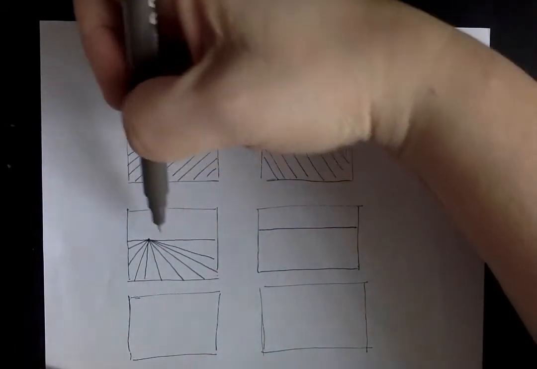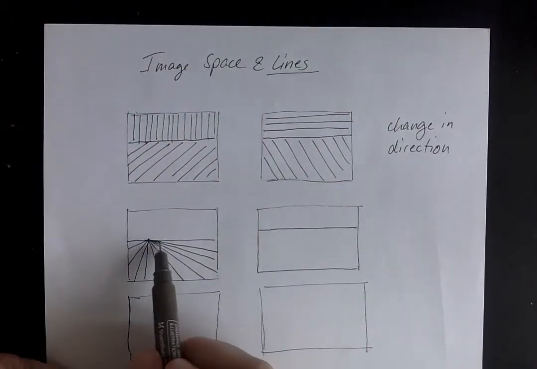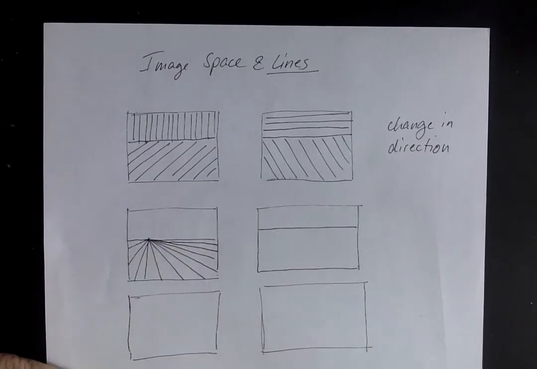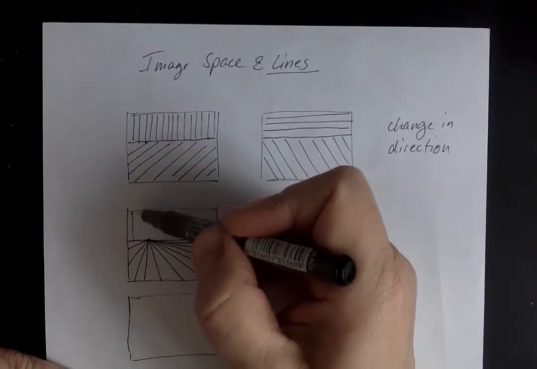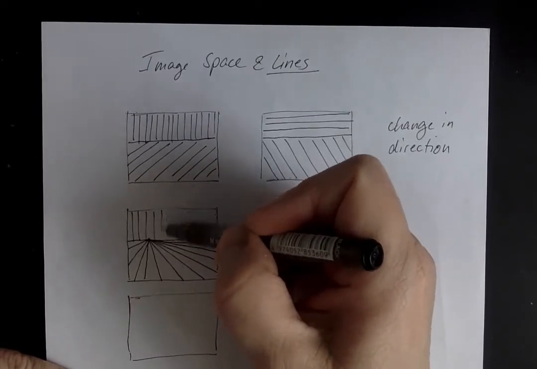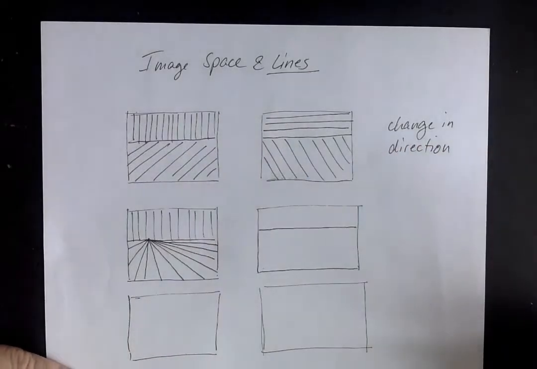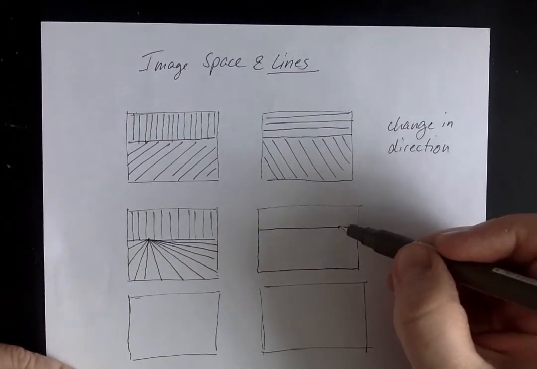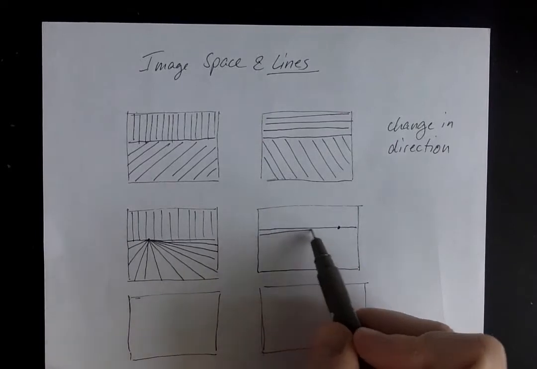And again, for the other part of your area, I would change the direction of line, maybe this way. So let's put the vanishing point all the way to the right and then see what that looks like.